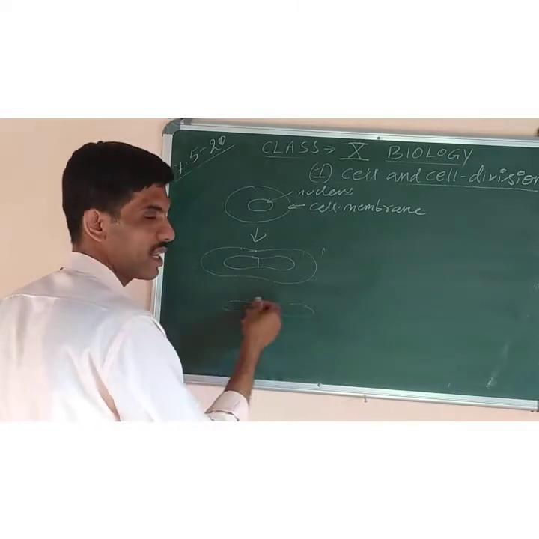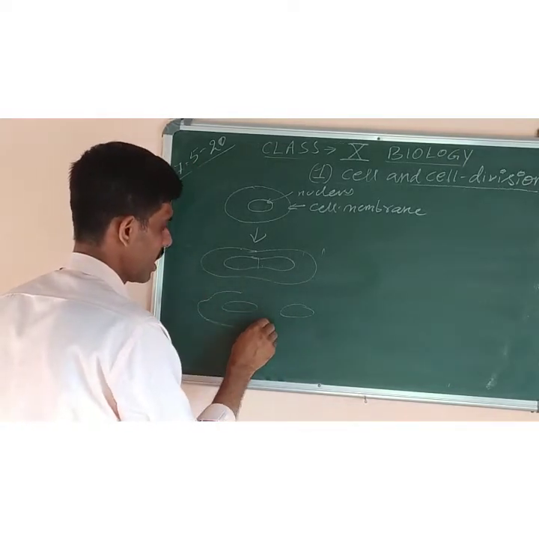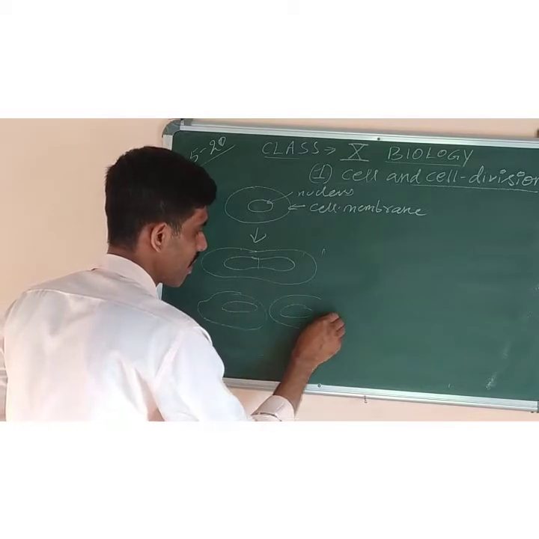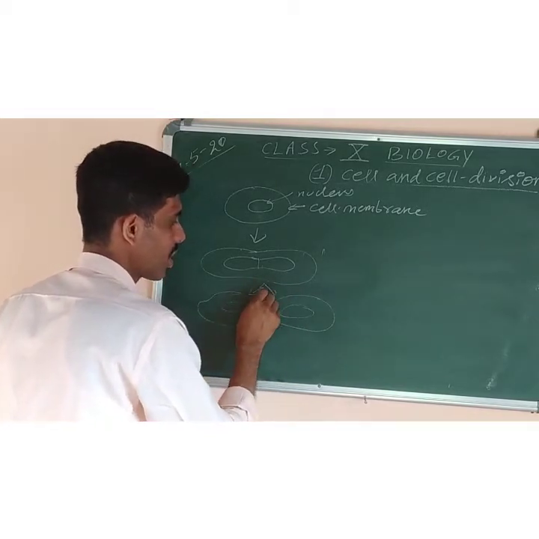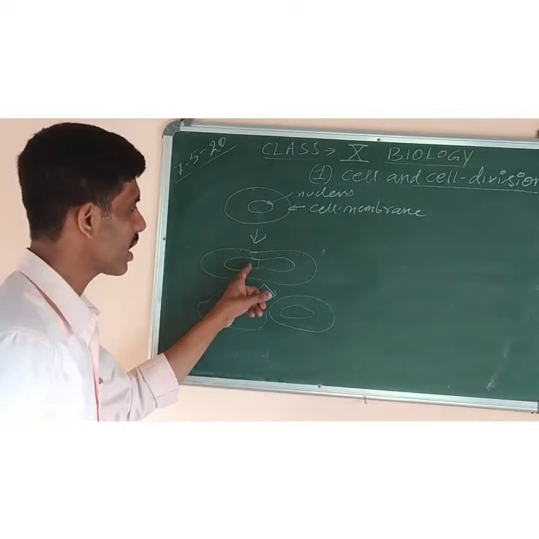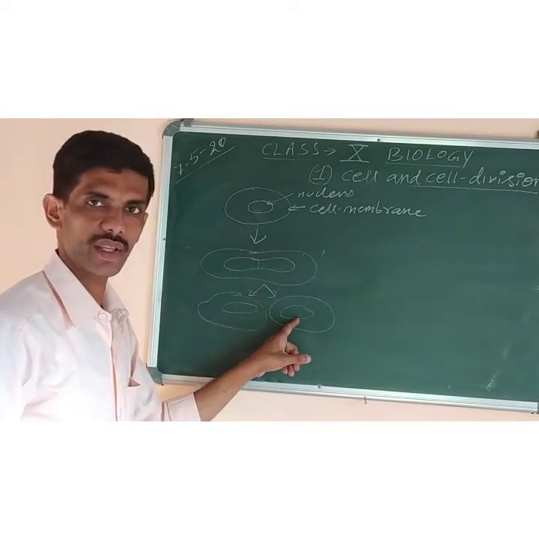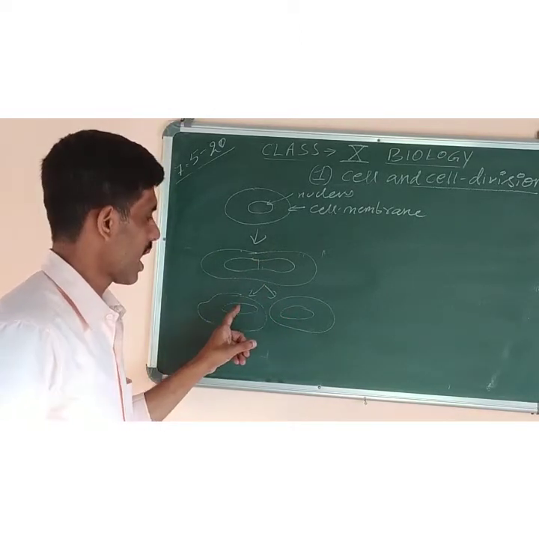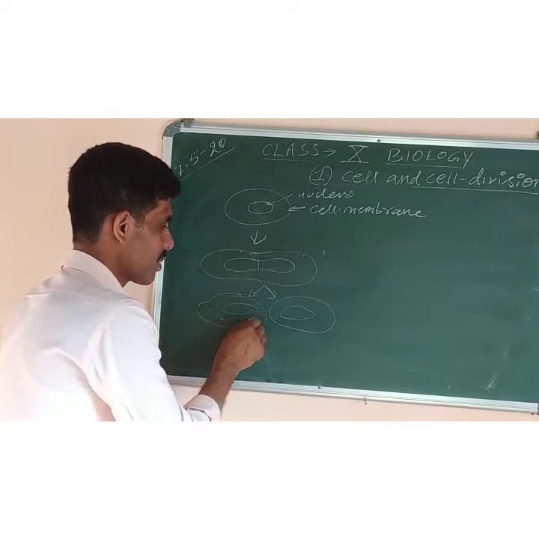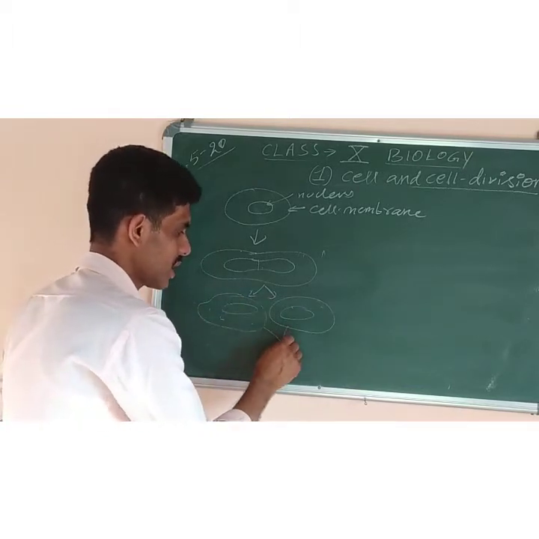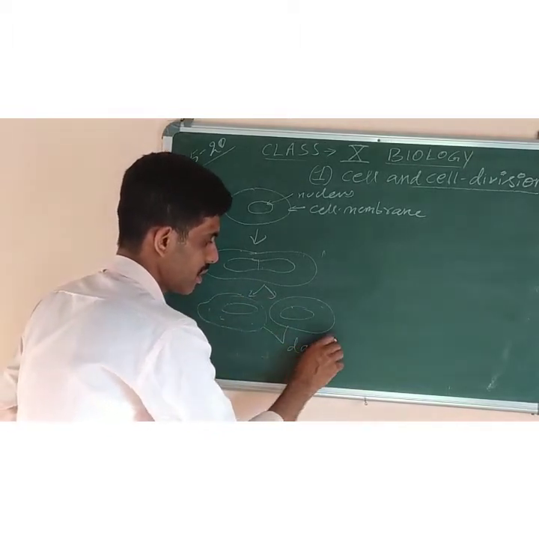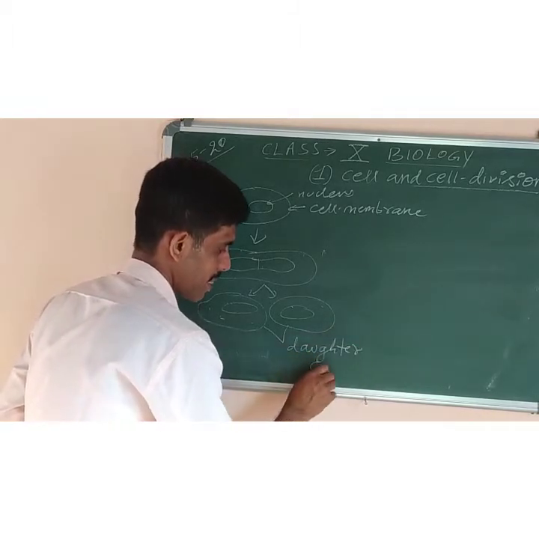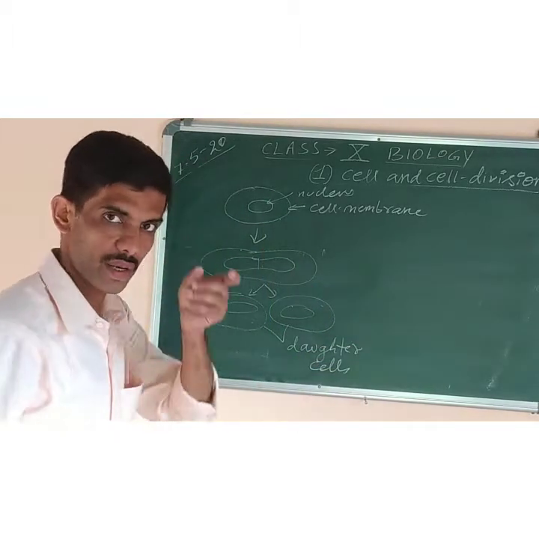The nuclear material is separated, and even the protoplasm also separates. So two daughter cells are formed with equal amount of genetic material, that is DNA, as well as equal amount of cytoplasm distributed in both the daughter cells. So these two are called daughter cells, and this one is known as the parent cell. Understood?